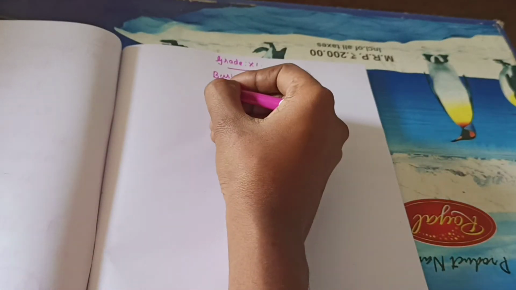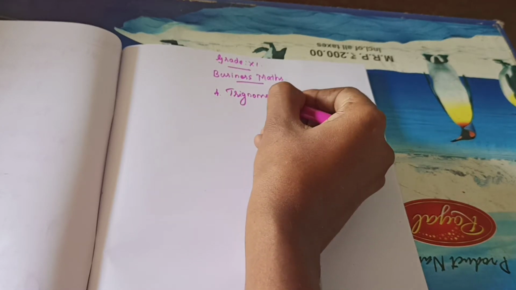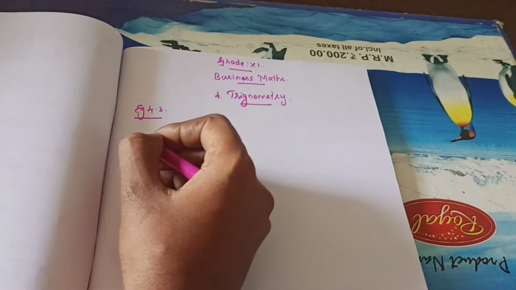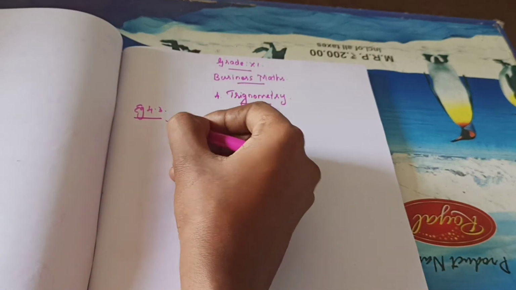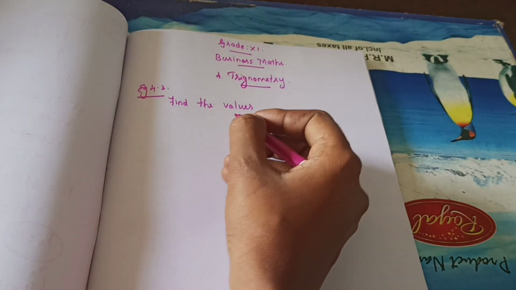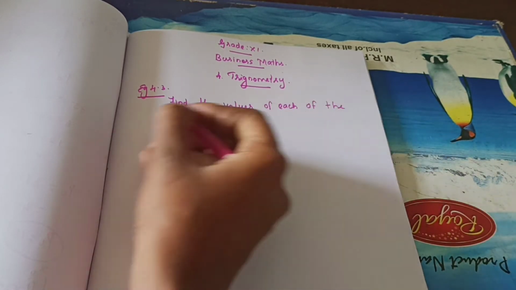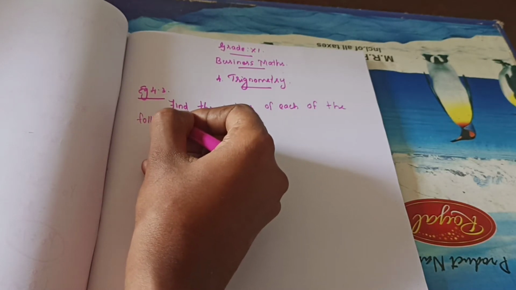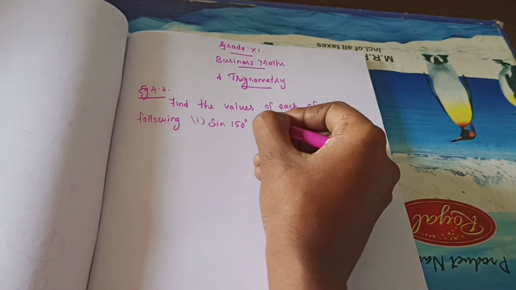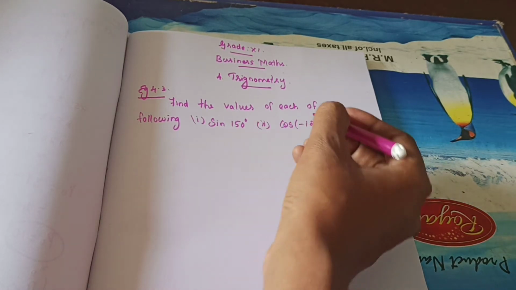So chapter name is trigonometry. Example 4.3.